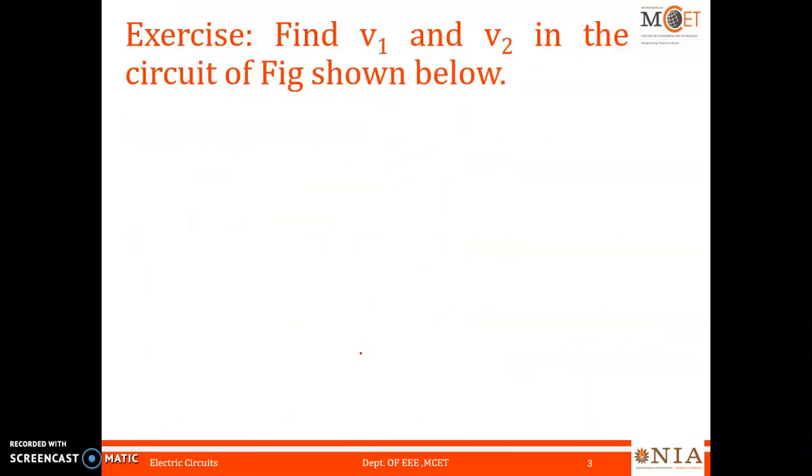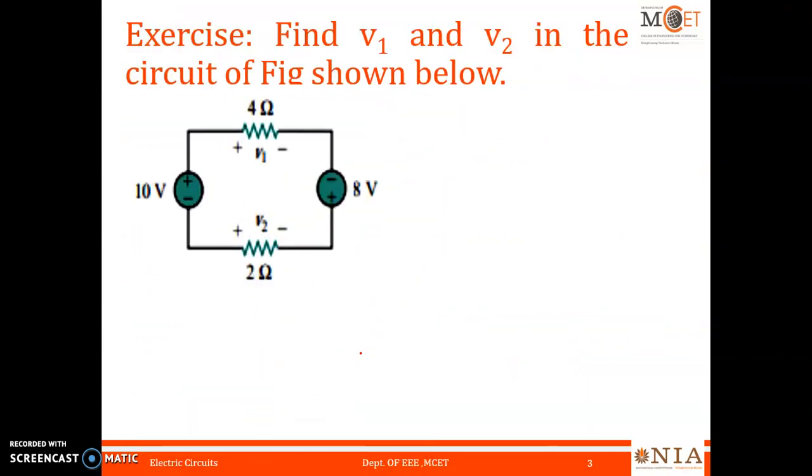Next problem. This is the second problem. They are asking to find V1 and V2 in the circuit. V1 is the voltage drop across the R1 resistor, and V2 is the voltage drop across the R2 resistor.